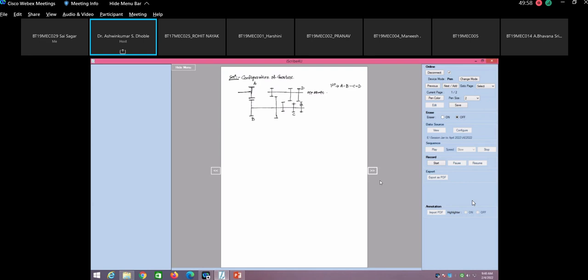Now the second gear: A, B, C, D is done, this is E and this is F. So the second gear is A, B, E, F. Now the third gear, because here there are four gears and one reverse, the gears have increased: A, B, C, D, E, F, then this is G and this is H. So the third gear is A, B, G, H.